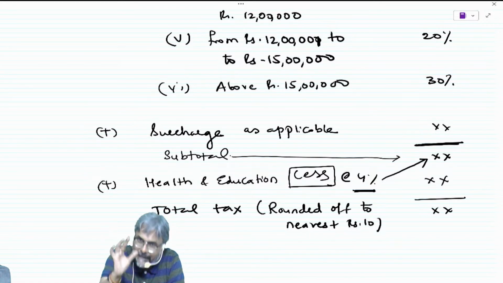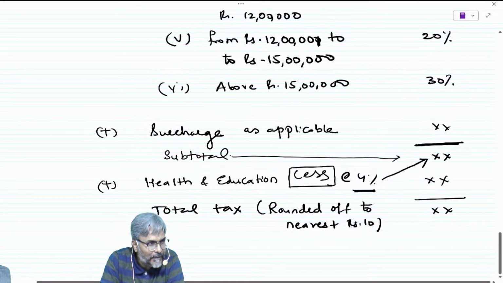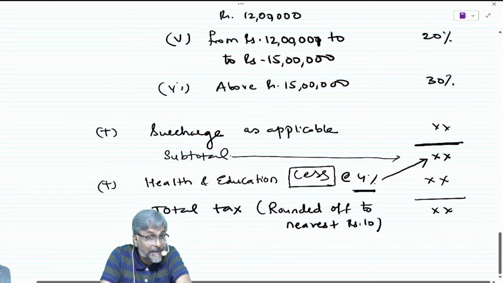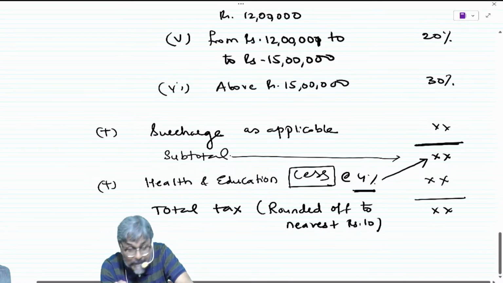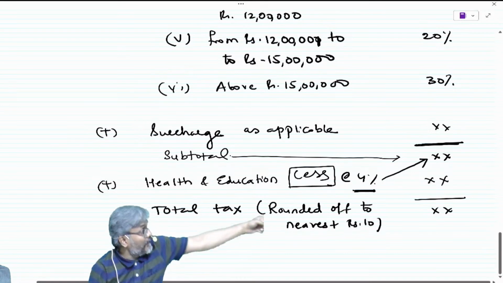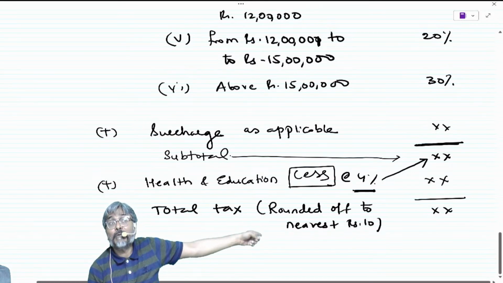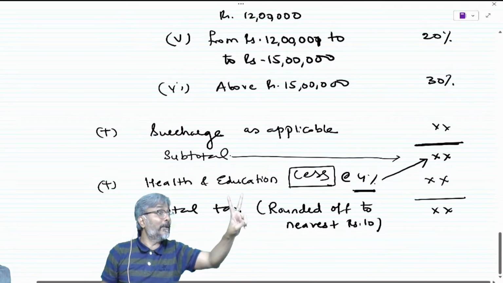Cess is also like a tax; you have to pay it to the government. But the difference is that this is a specific charge. The collection which the government will have, tell me where it will go. Towards health and education.